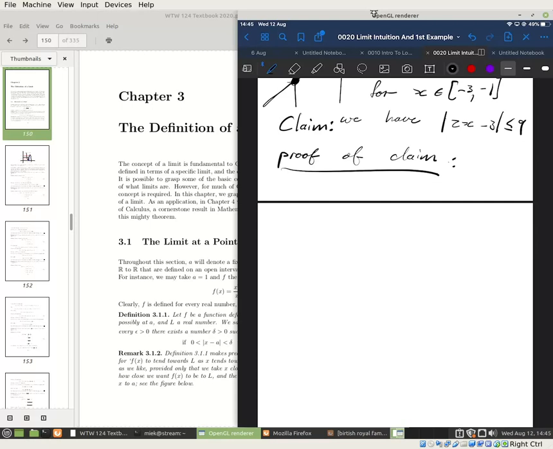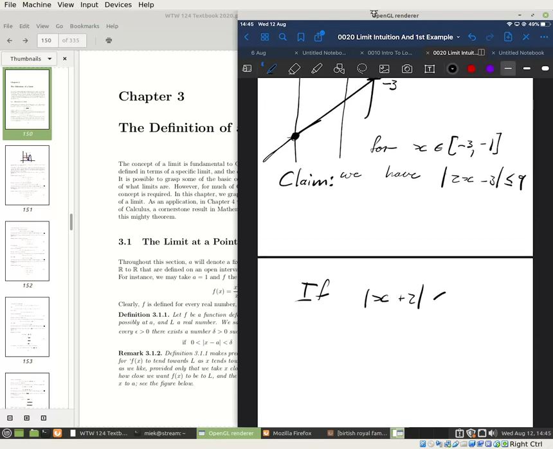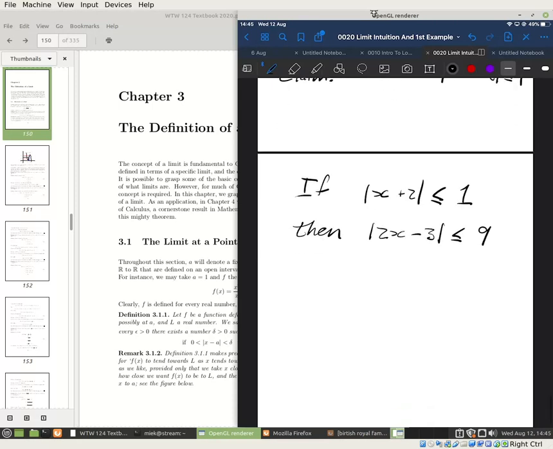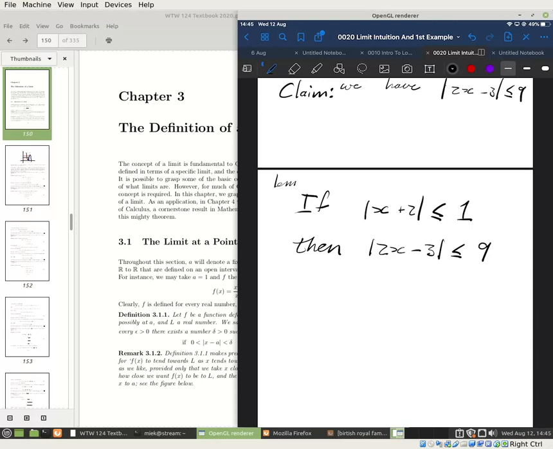Let's write it this way: if the absolute value of x plus 2 is less than or equal to 1, then the absolute value of 2x minus 3 is less than or equal to 9. And you could even call this a little lemma if you want. What is a lemma? A lemma is just a short little result that you use in proving some larger result. Let's prove this.